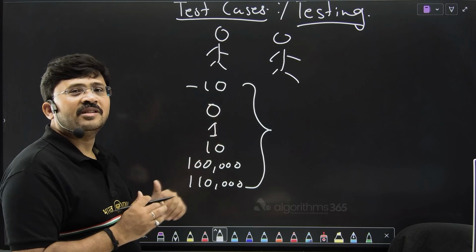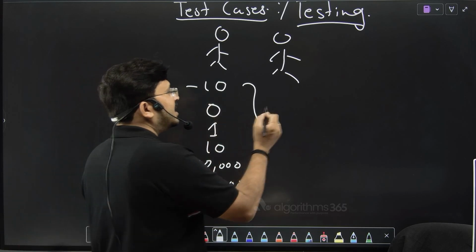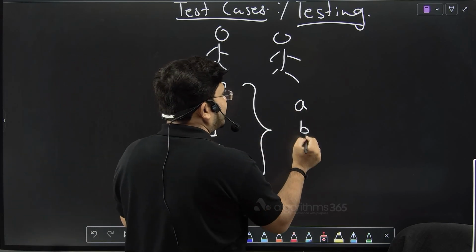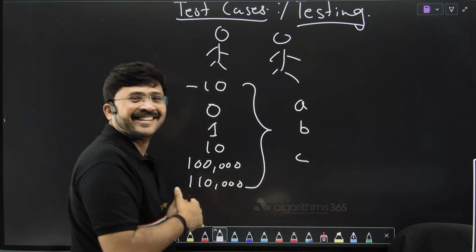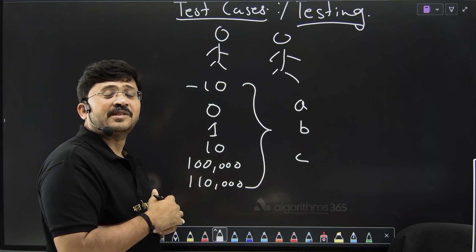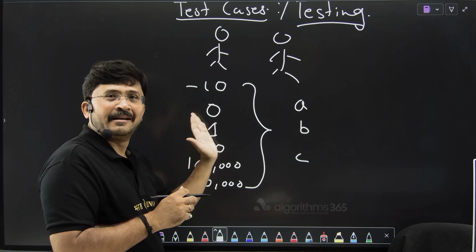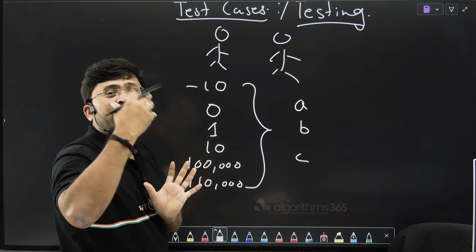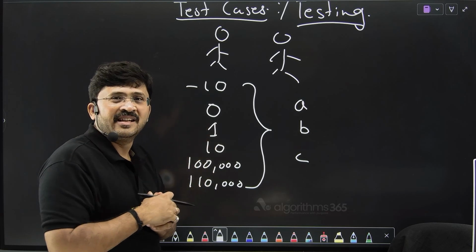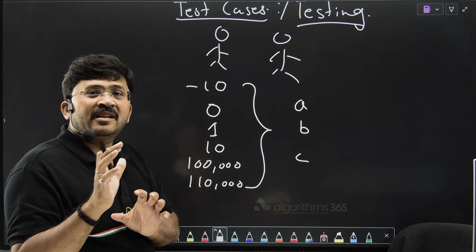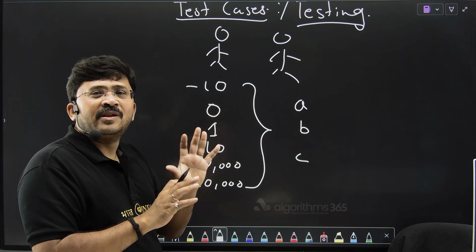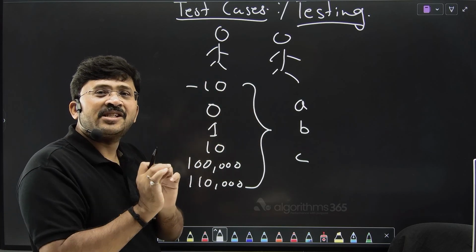This is not sufficient. What if somebody enters A or B or characters like C there? Somebody may intentionally enter a character even though it says enter the number, and see what happens. In fact, most of the software used to run on C and C++, which is called unmanaged code.